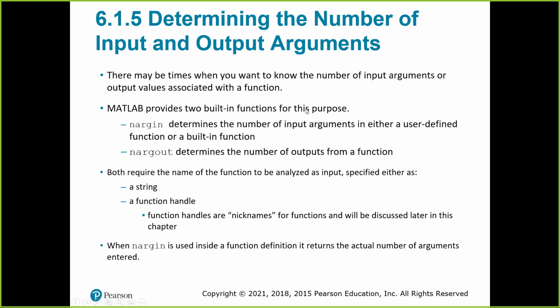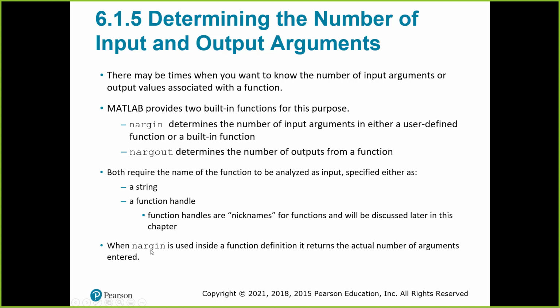So section 6.1.5, determine the number of input and output arguments in a function. I guess there are sometimes you'd want to know how many inputs are required and how many outputs are available. You can get that by using the nargin and nargout functions, and they both take the name of the function to be analyzed either as a string or as a function handle, and we'll discuss function handles here in a little bit.